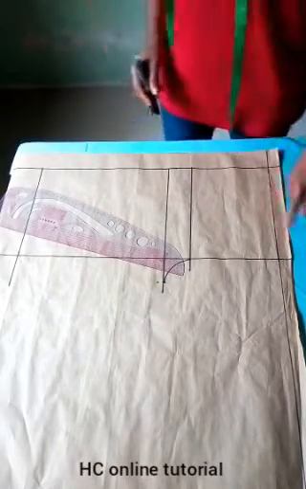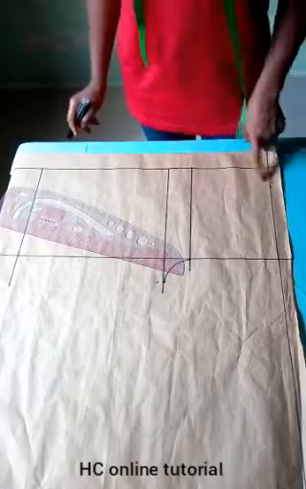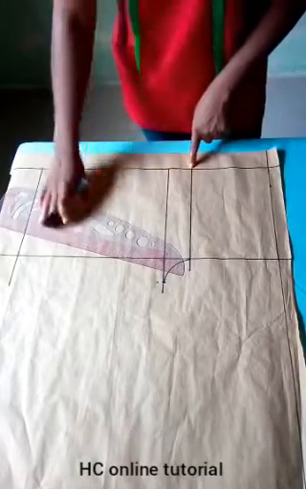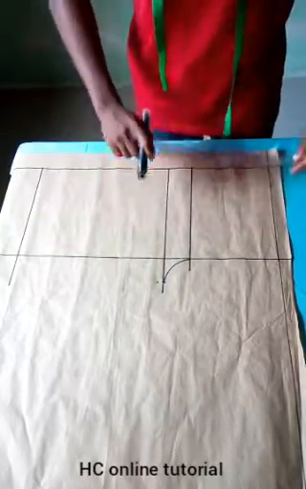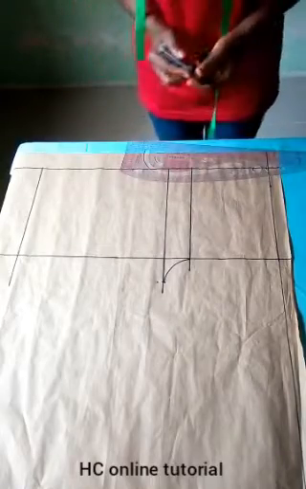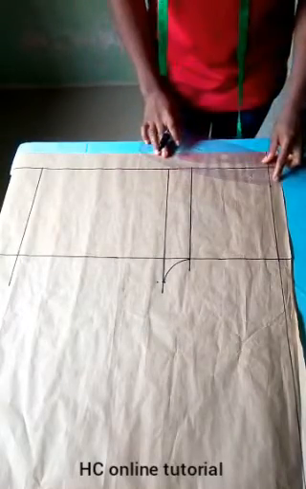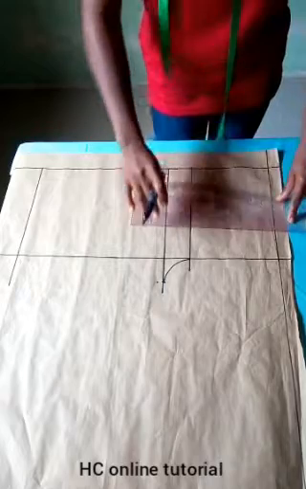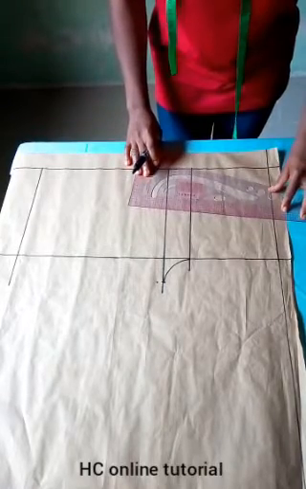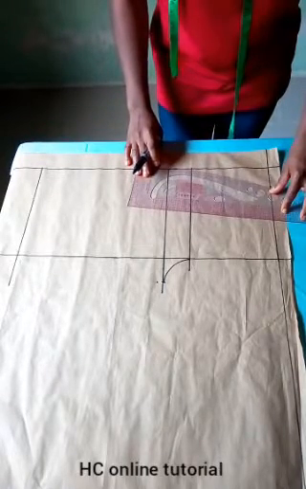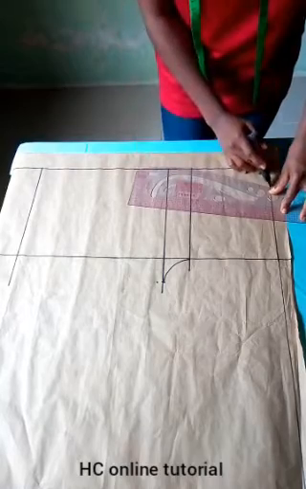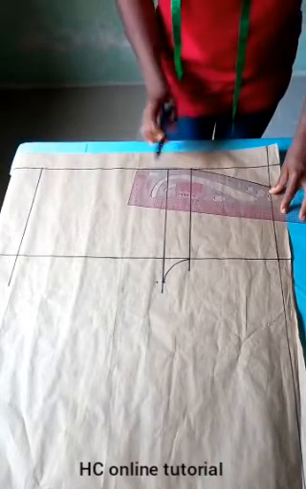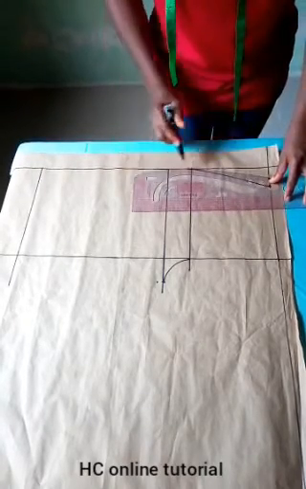After measuring our 7.5, I'm going to connect this point to the hip line. I hope you can see what I'm doing. I'm going to blend it with the cross line.